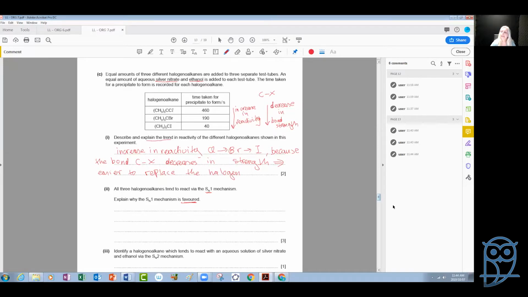We need to distinguish between tertiary and primary halogenoalkanes, because this SN1 mechanism only applies to tertiary halogenoalkanes. And all these halogenoalkanes that they're giving us here are tertiary. Why are they tertiary?